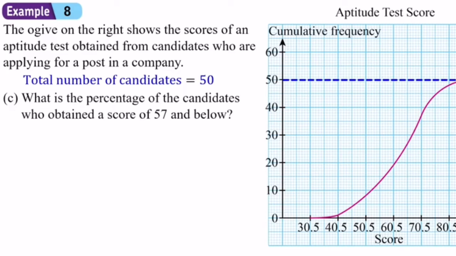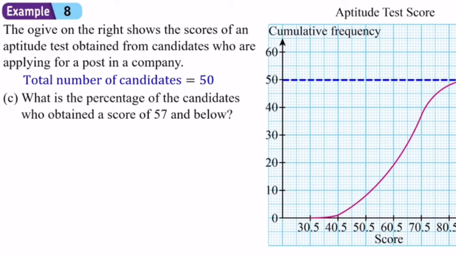We want to know the percentage of the candidates who obtain a score of 57 and below. So let's go to the mark 57. If below, we know we'll go to the left of 57. So where is the 57? We'll go to the horizontal axis, because the horizontal axis represents the upper boundary for the score or the marks.